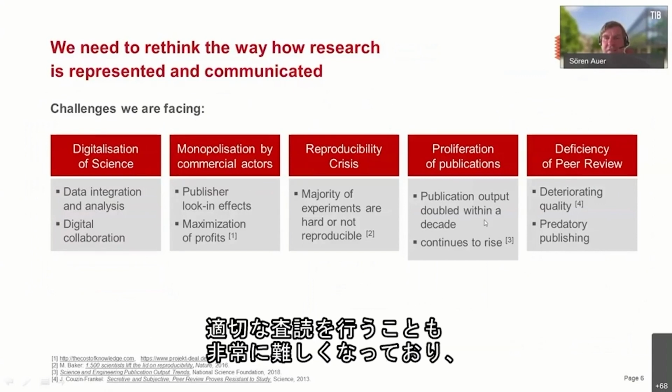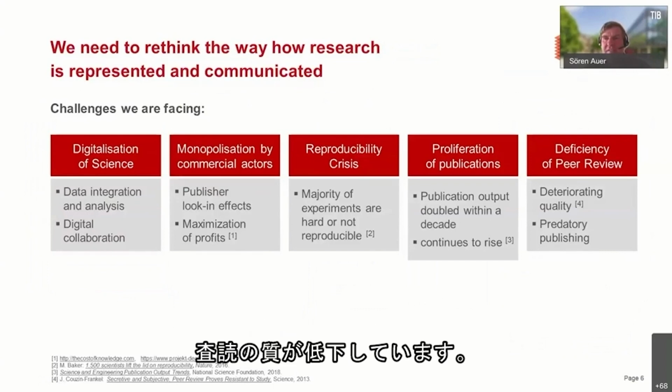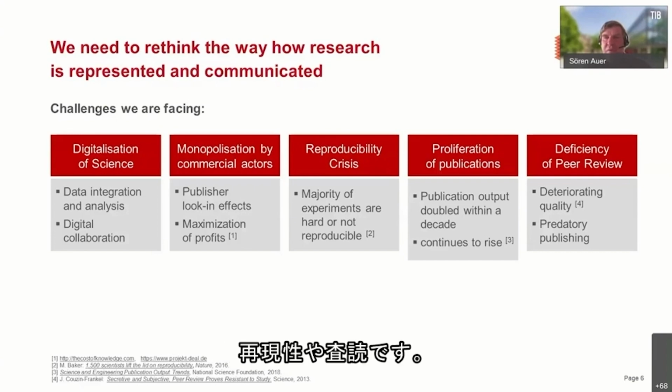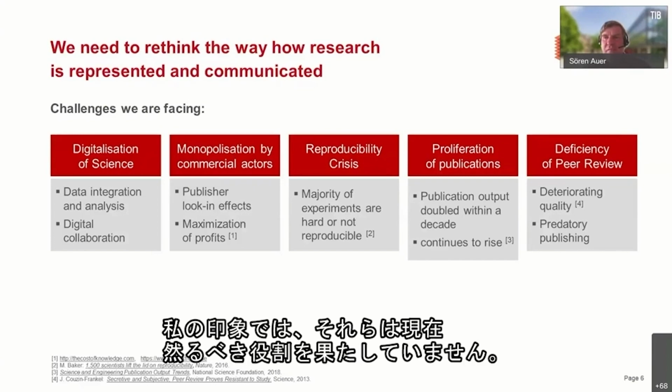And that makes it also very difficult to peer review these publications properly. So the quality of peer reviews deteriorates. These are some of the fundamental pillars of science: reproducibility, peer review, and my impression is that they currently don't work as they should work.